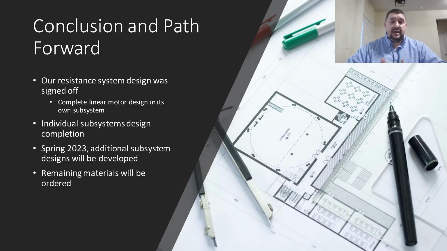We did end up having to pull the linear motor design into its own subsystem, as we were saying, the bracket, so that we could stabilize it, and then also work on the circuitry for that. We have an H bridge, which is a motor controller, already in the works. So that's going on pretty smoothly. We need to get our individual subsystems all signed off. So that's the next step for us.